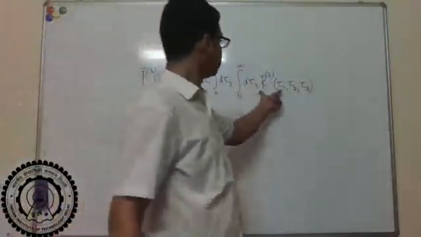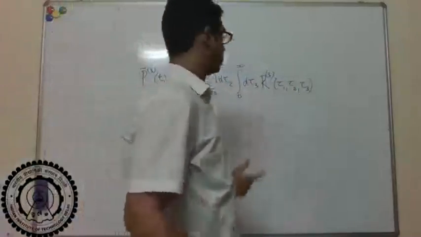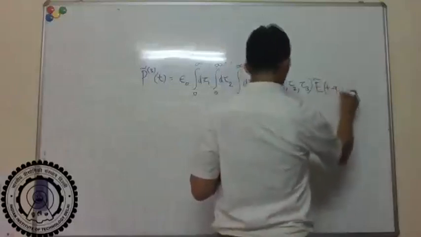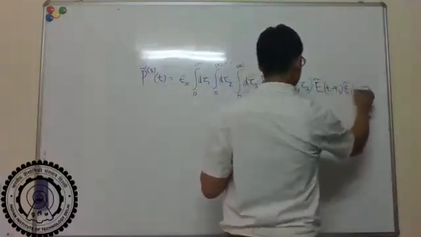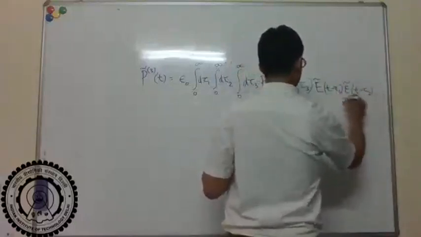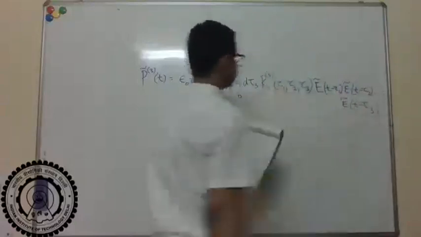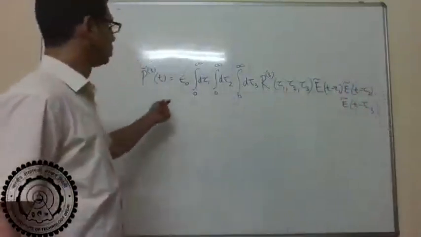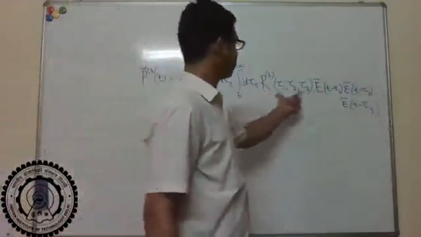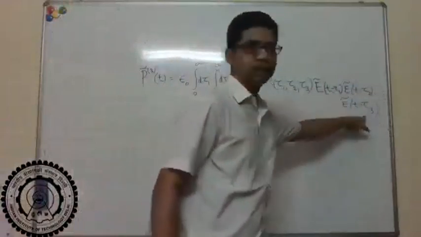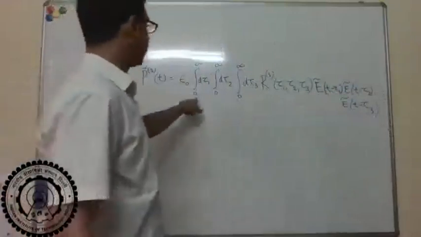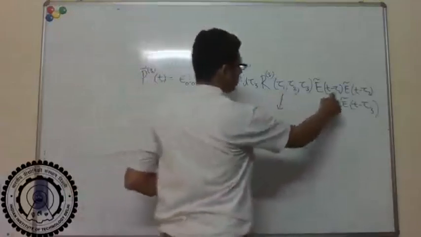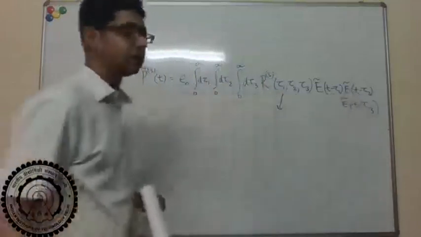Okay, so now my response function depends on three time coordinates. Yeah, so it's a three-dimensional function because I have three electric fields, so I have three different delays, right? And again, each of the integrals goes from 0 to infinity, because each of these has to be in the past, right?